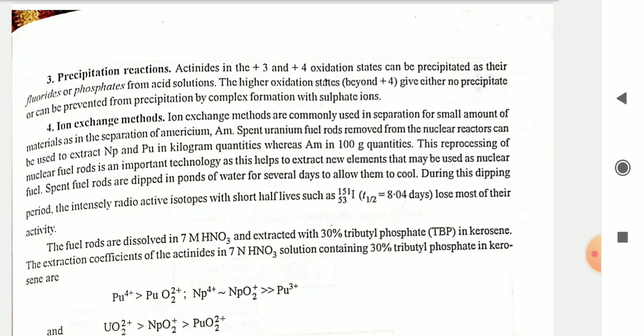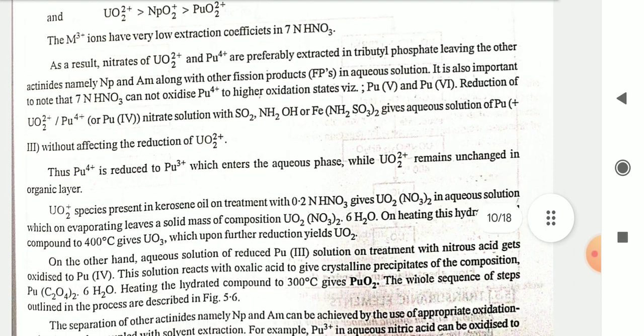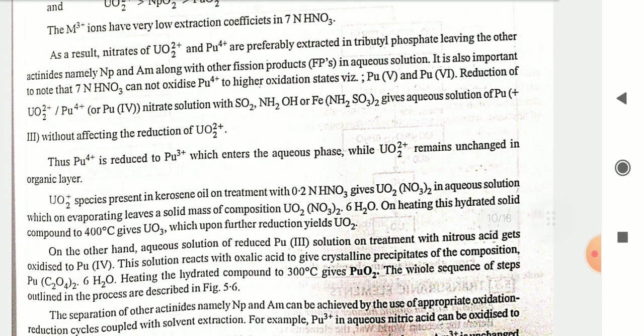M3+ ions have low extraction coefficients in 7M HNO3. As a result, nitrates of UO2 2+ and Pu4+ are preferentially extracted in tributyl phosphate, leaving the other actinides, namely Np and Am, along with the other fission products in the aqueous solvent.